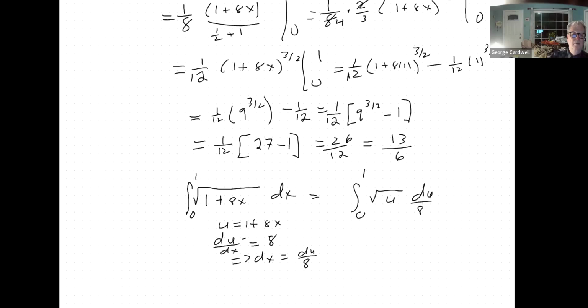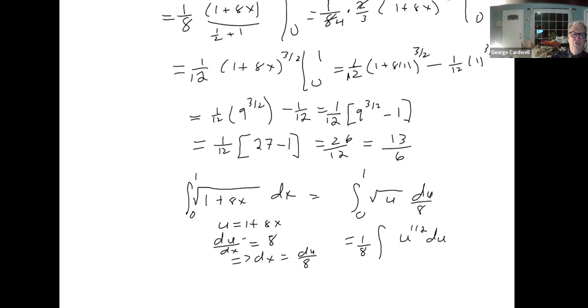So I'm writing the integral in a new variable, which means the integral can now be written du over 8, same as 1/8 times du, so you can factor this out. 1/8. You could go u to the 1/2 here, du. Now, I've changed the variable from x to u by this substitution right here.